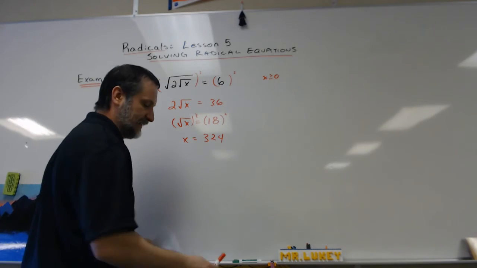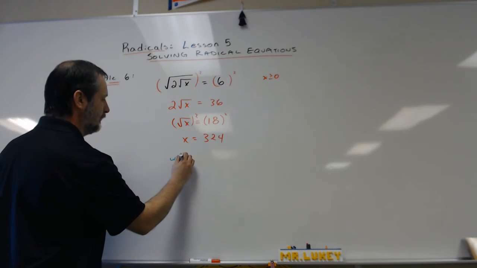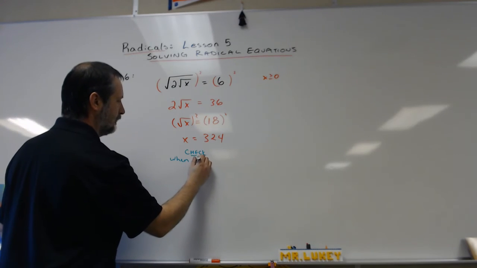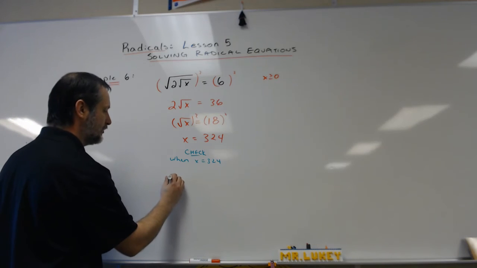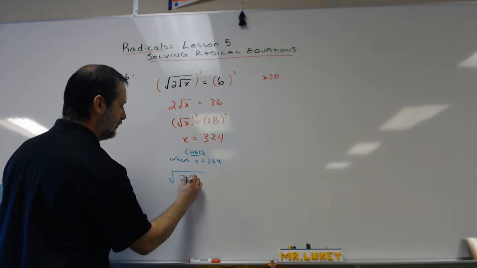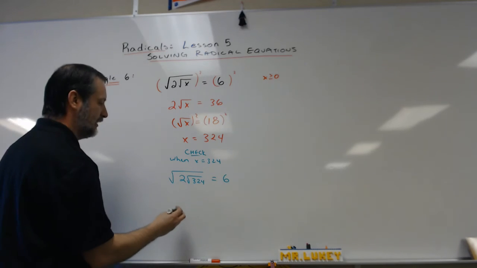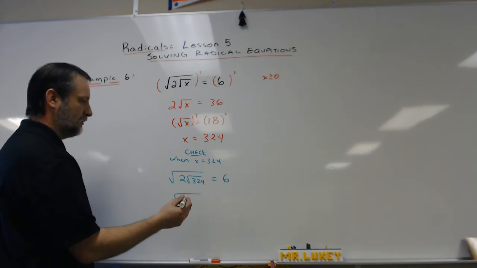May as well keep consistent and use my green. So when x equals 324, the square root of 2 times the square root of 324 should equal 6. So the square root of 2 times the square root of 324.